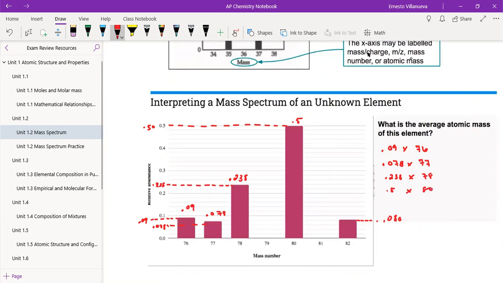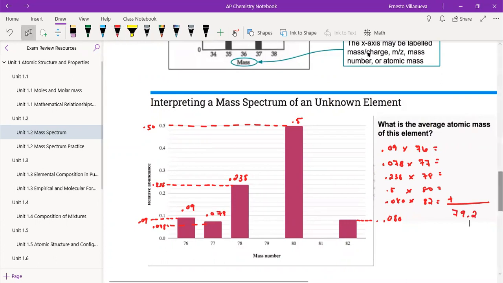And then the last one is going to be right around 0.080, and I'm going to multiply that by 82. Once you get all these numbers and add them all up, you should end up somewhere pretty close to 79.2.